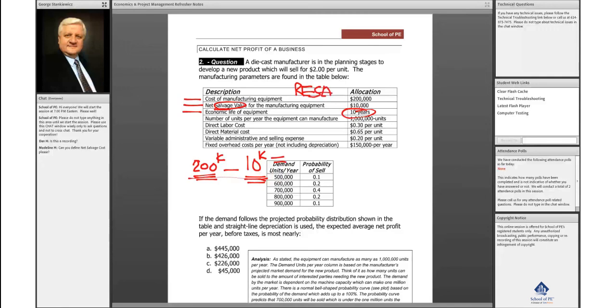So we're going to get $10,000 at the end of 10 years. So your answer to how much it really costs you on your accounting books is $190,000.